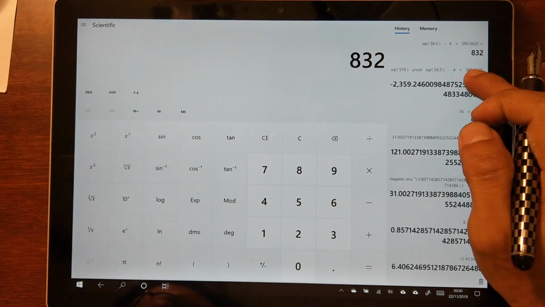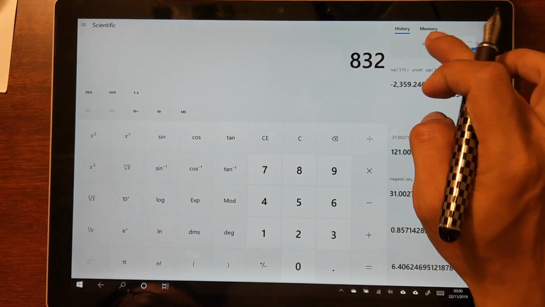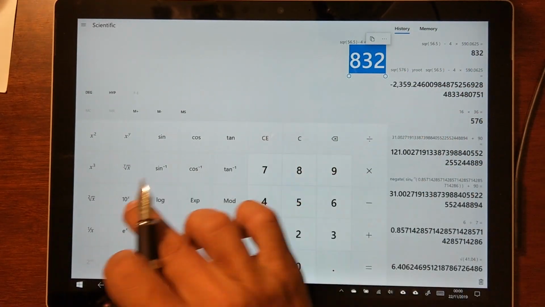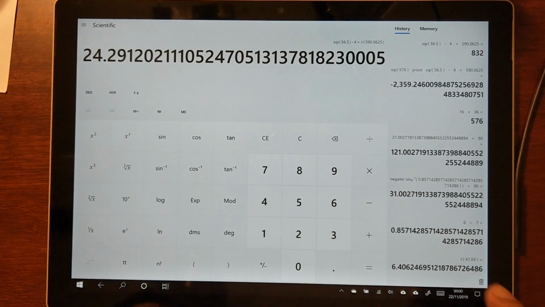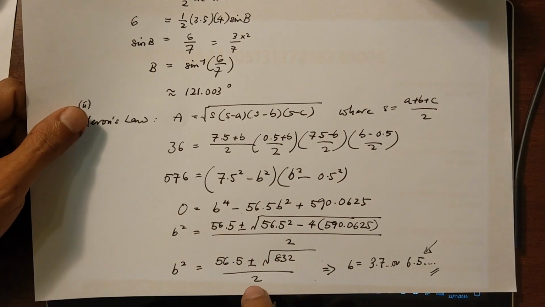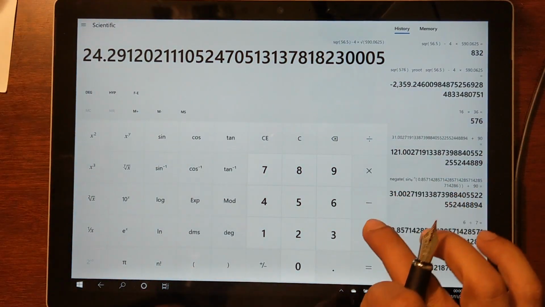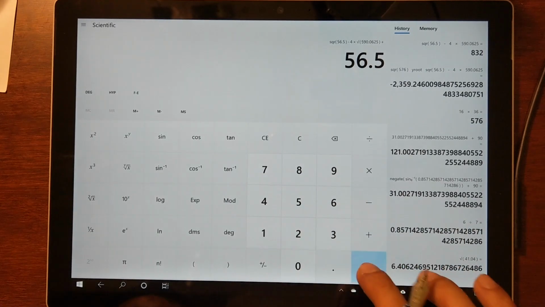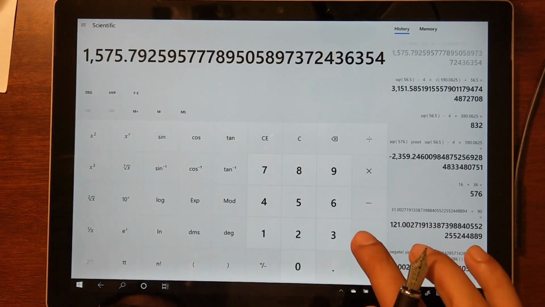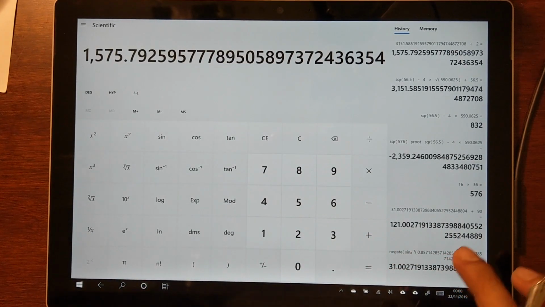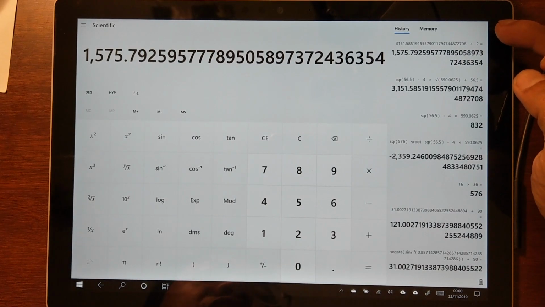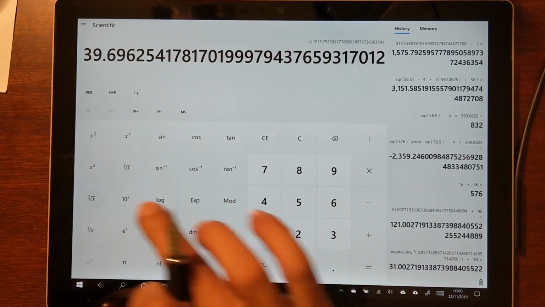Where was my b? That was 832, wasn't it? We took the square root of that. So 832 plus 56.5 equals that. Divide that by 2. Hang on. And we take the square root.